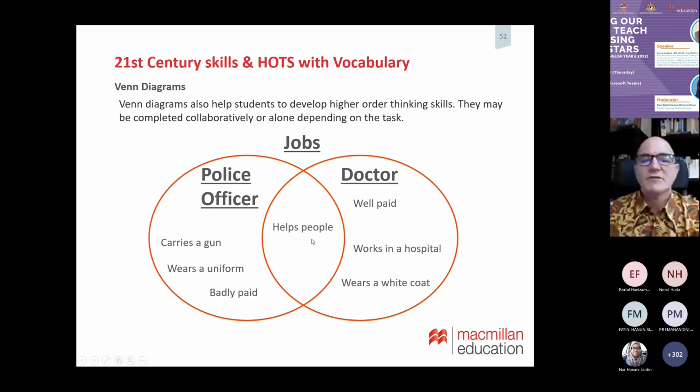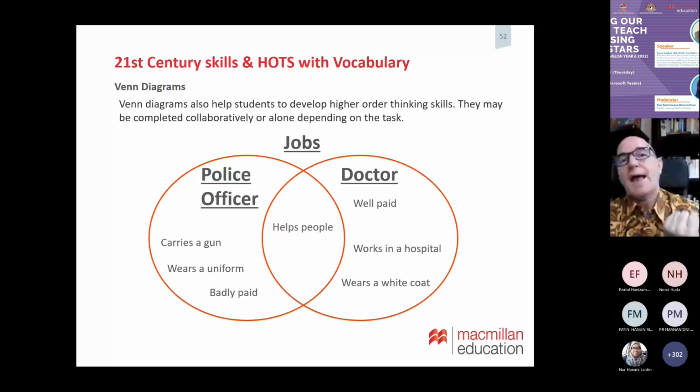So these are lovely ways of sequencing or synthesizing information and categorizing them. Now, what I might do, after I've given this example, is get my students to work together to draw a Venn diagram themselves, to pick two jobs, and to come up with things that are unique and things that are similar of those two jobs.